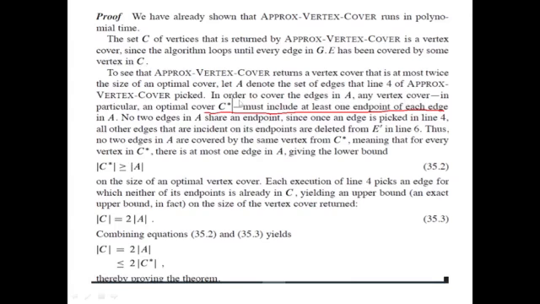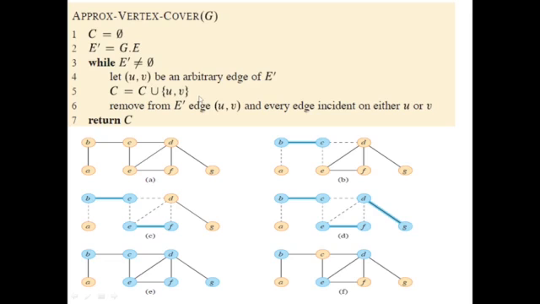Let A denote the set of edges that line number 4 of Approx-Vertex-Cover picked. Line number 4 of Approx-Vertex-Cover is this one. Yes or no, students? So whichever edges line number 4 picks, that is capital A.